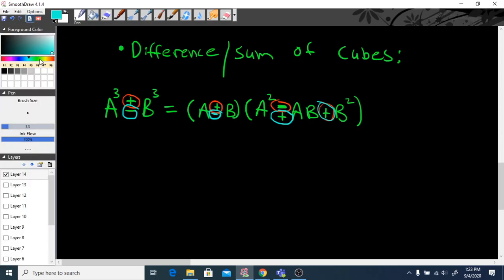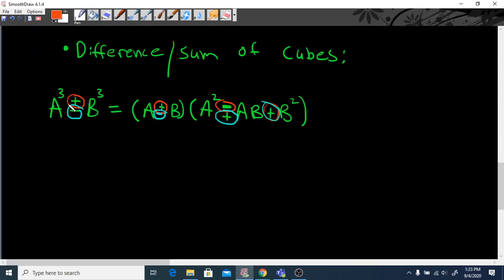Okay, let's do a quick example, maybe a couple if we have time. Let's say we have 125 x to the 9 plus 8 x to the power 3, okay? Once again, there is a greatest common factor of x to the 3.